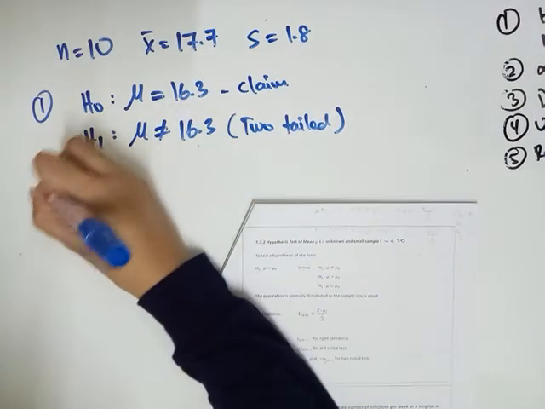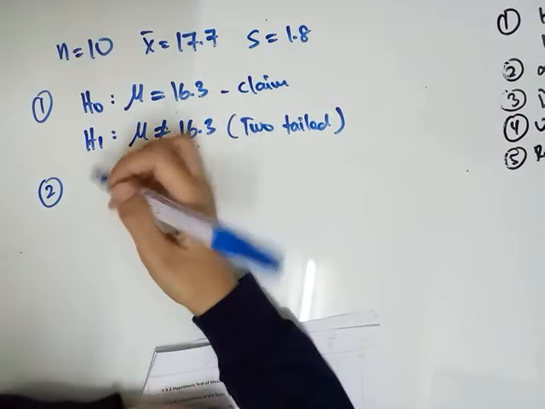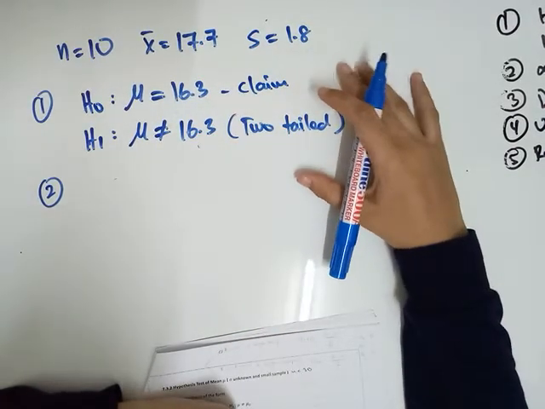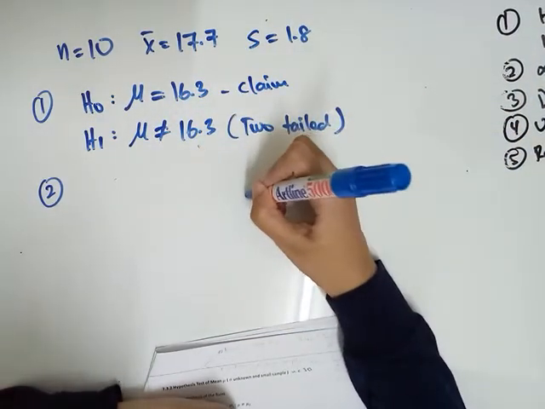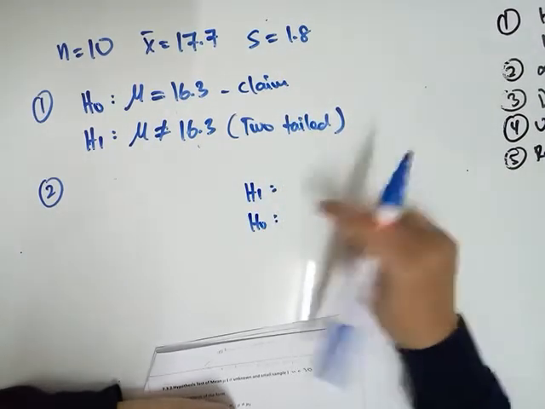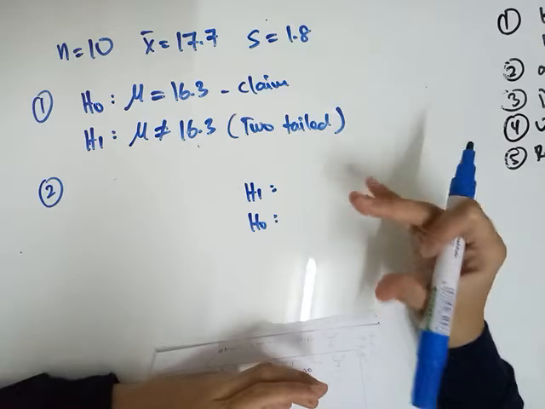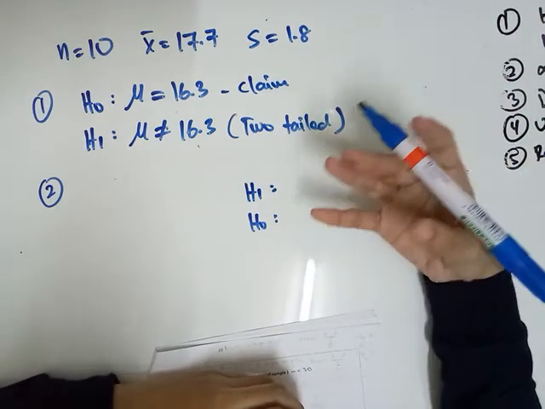And then second step is state the alpha and critical value. Okay, before this example sebelum ni, kalau awak perasan, saya letkan H1 first and then H naught. Why? Sebab tengok pada statements. Look at the statements. Dia bagi hint not equal, more than and less than.